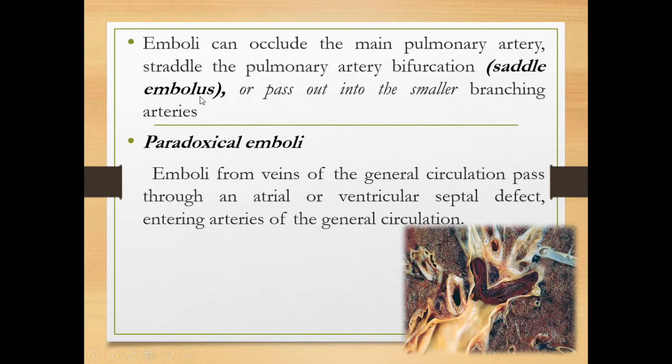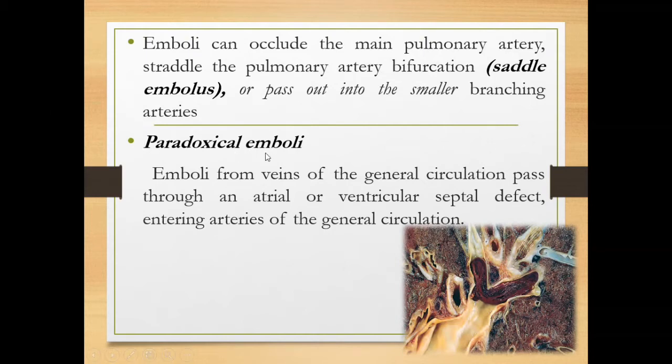Paradoxical embolus occurs when there is a defect in the ventricular septum or atrial septum of the heart. The emboli can pass from the right side of the heart to the left side and can enter into the systemic circulation and block certain sites in the systemic circulation. We call it paradoxical emboli.